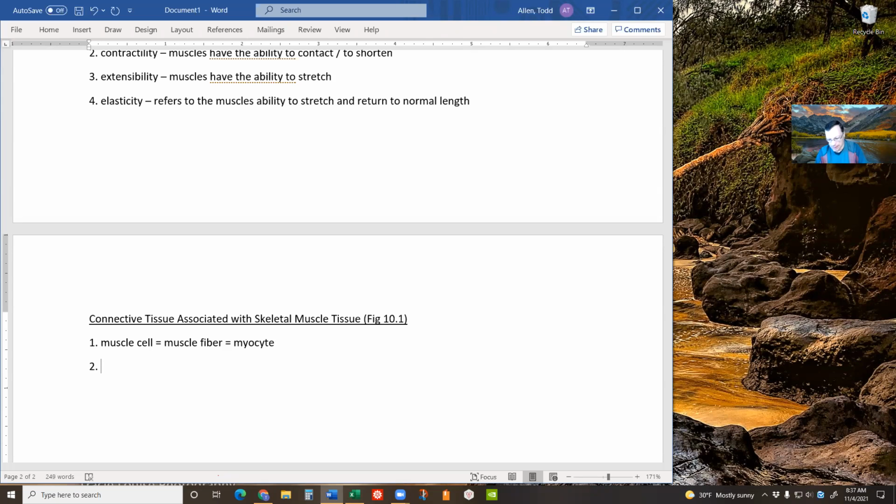Okay. All right, we're going to be talking about various kinds of fascia that surround the muscle fibers themselves. So let me start off by reminding you what fascia actually is.